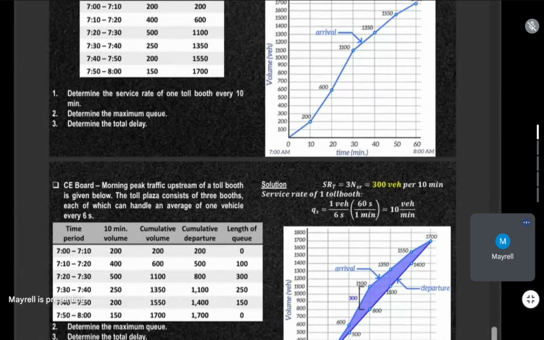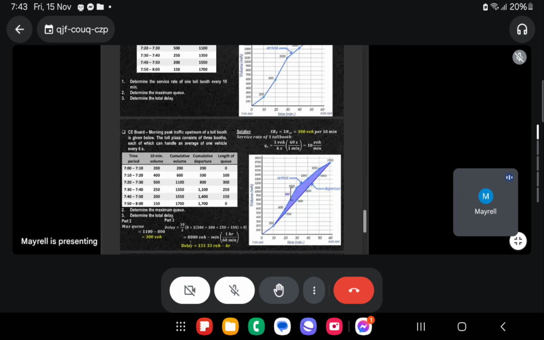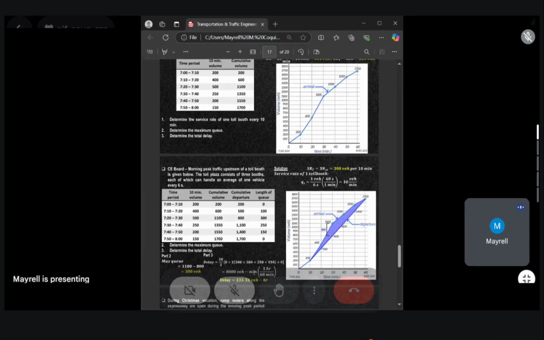Then you have 0 plus, times 2, of every length of queue. So 2 times the 100, 300, 250, and 150. Then 0 for the last. So you have 8,000 vehicle-minutes.